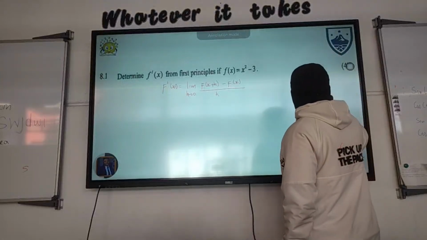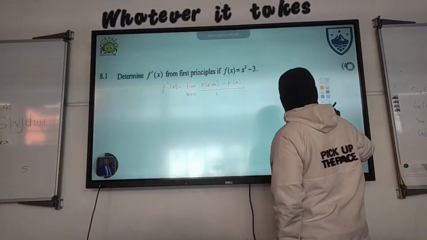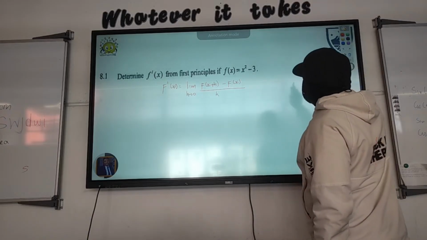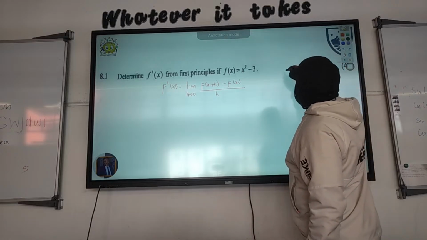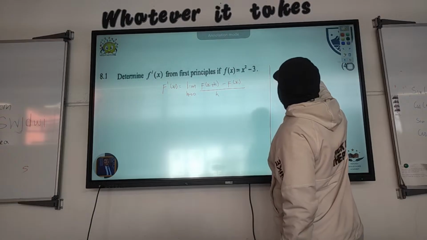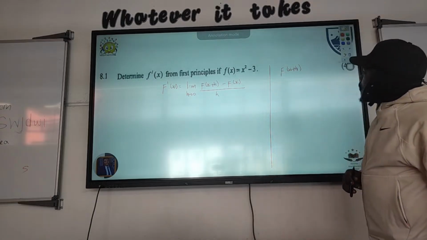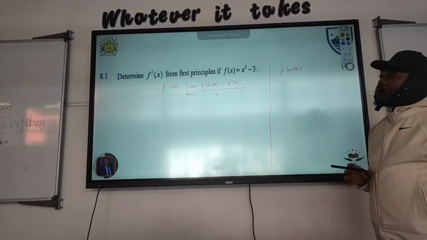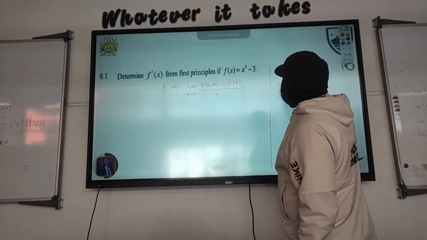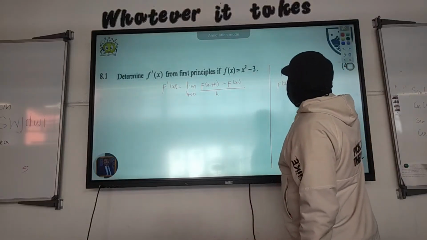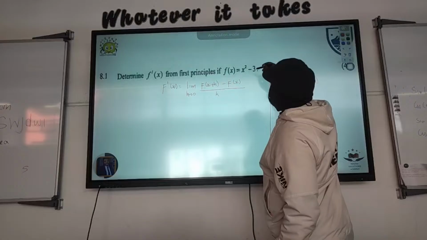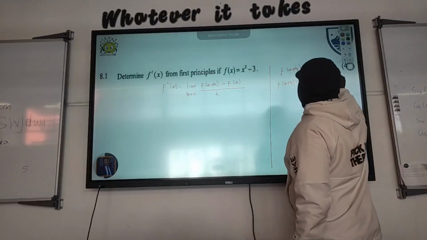And then I said to you guys, just to avoid the mess, on the side, let's find f at x plus h. We are going to replace where we see x with x plus h. So our f at x plus h will be equal to x plus h squared, and then minus 3.